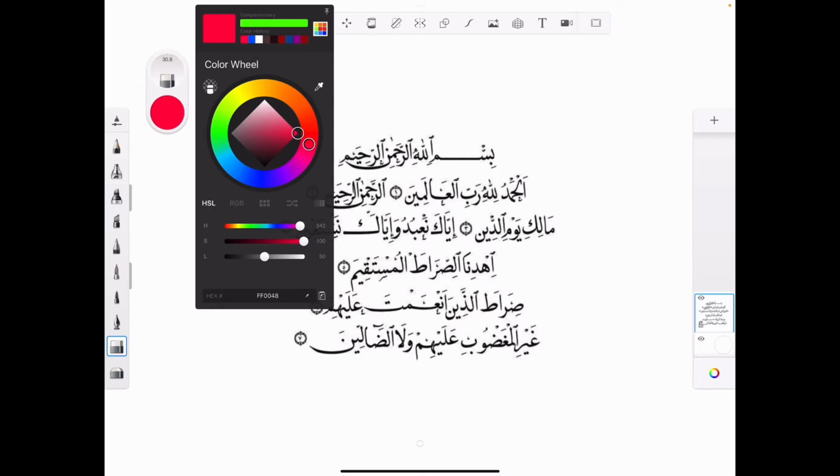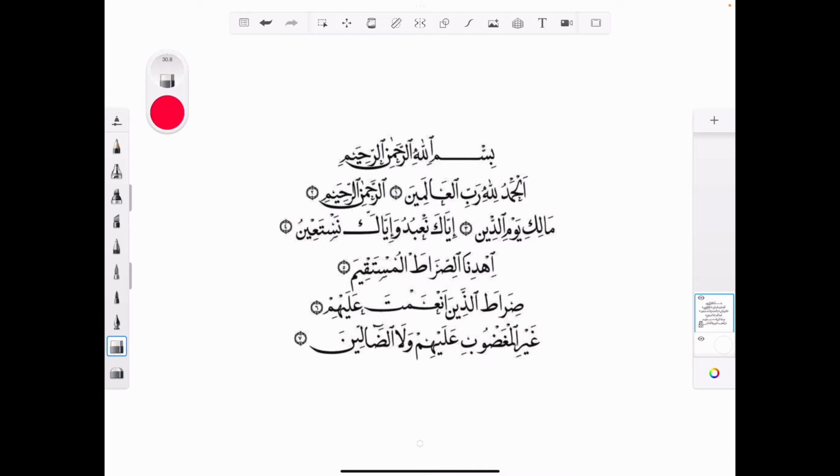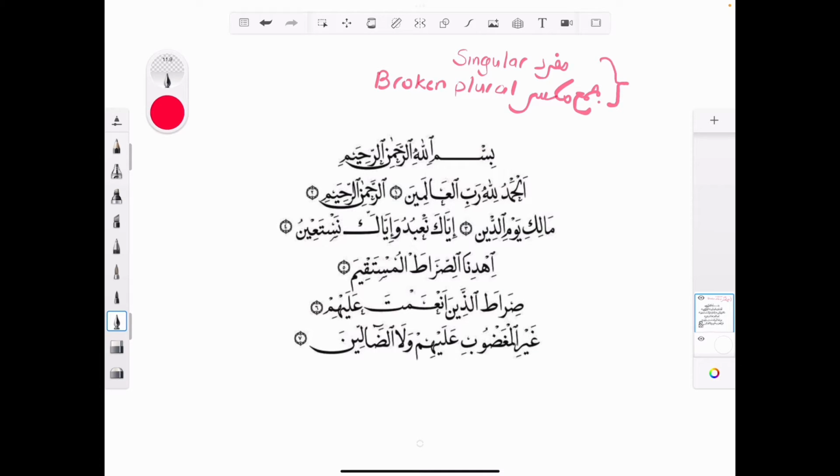If you remember, we talked about how a singular, which is called a mufrad in Arabic, and a broken plural, which we call jama mukassar, are both the same, i.e. they come as a family.